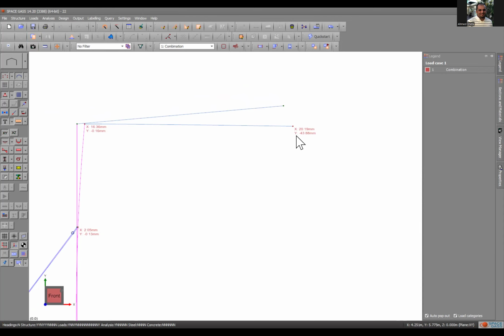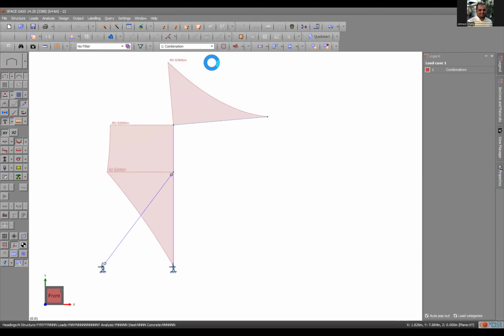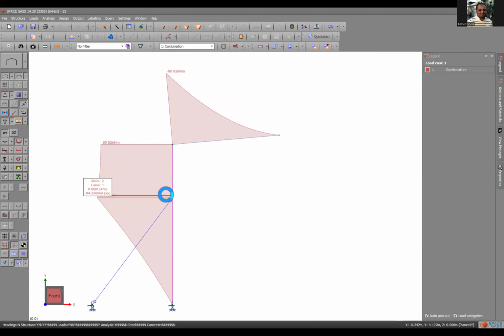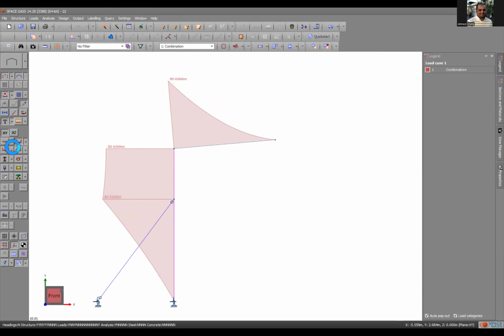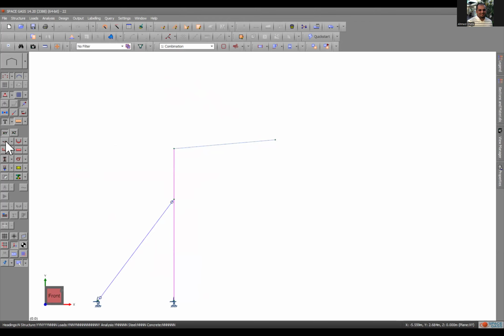Okay, I think that's it for the software. You just need to show this bending moment as a screenshot, this shear force diagram as a screenshot, this normal force diagram as a screenshot, with the deflection as a screenshot, to compare with what we have done in the manual calculation.